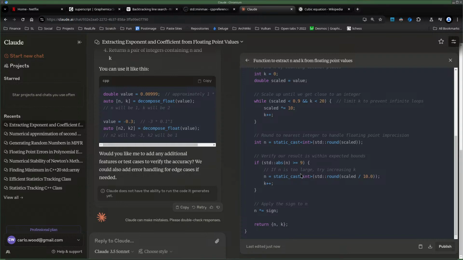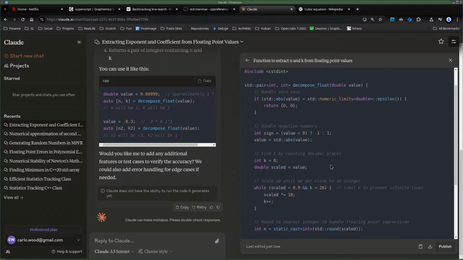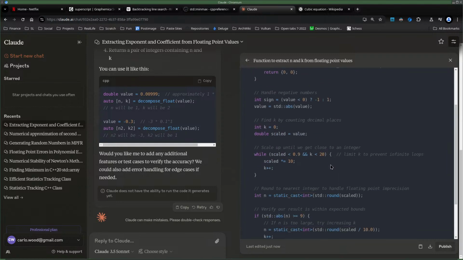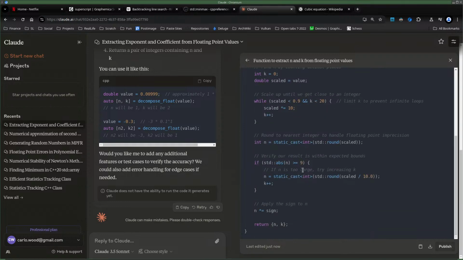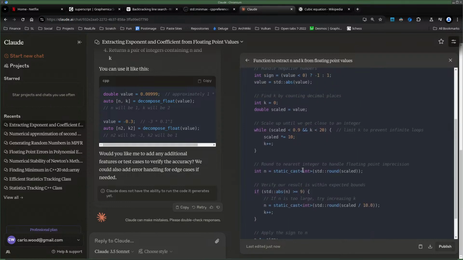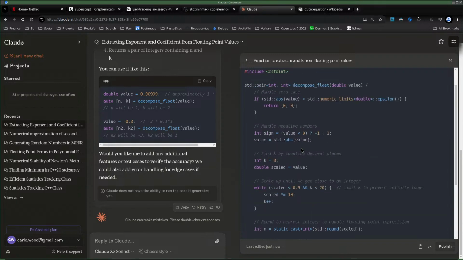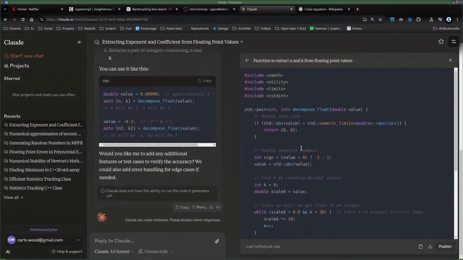I don't understand this, but for the main part, no, it's not that bad. I was trying to go for just taking the log 10, but yeah, might as well do this loop here. Why not? Let's just use it.